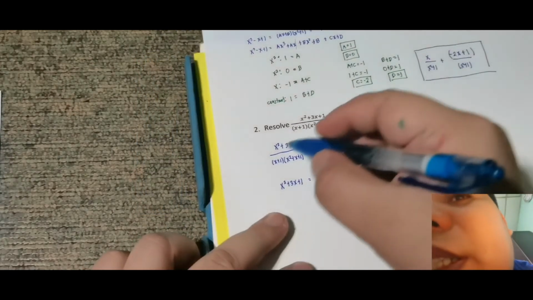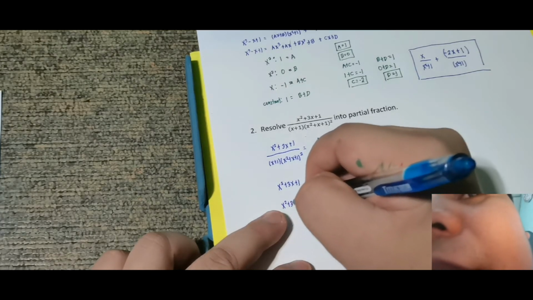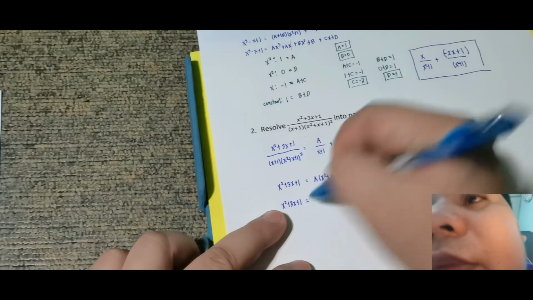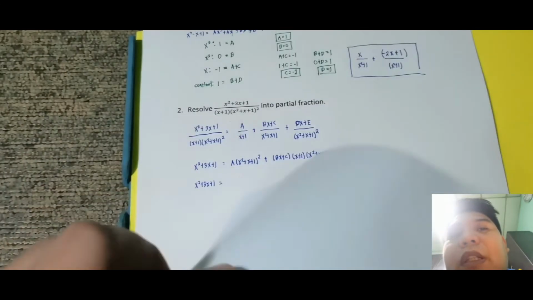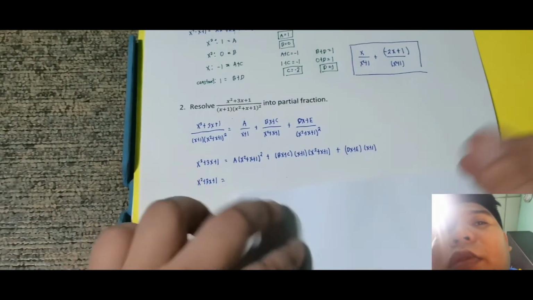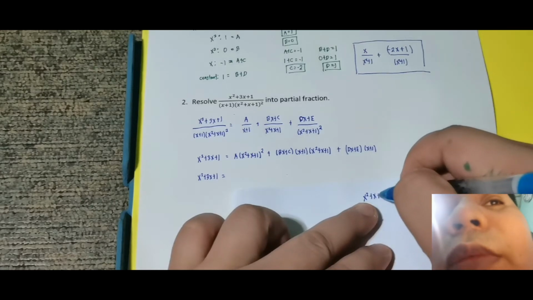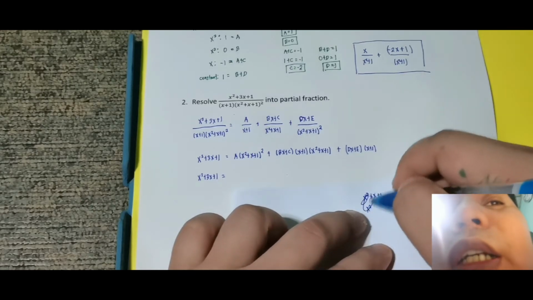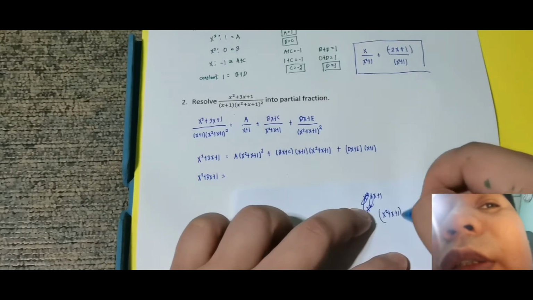Okay, so this is just x squared plus 3x plus 1 equals. We'll use scratch work to make our solution easier. Let me do this first: you have x squared plus x plus 1, then that is squared, so x squared plus x plus 1 squared.